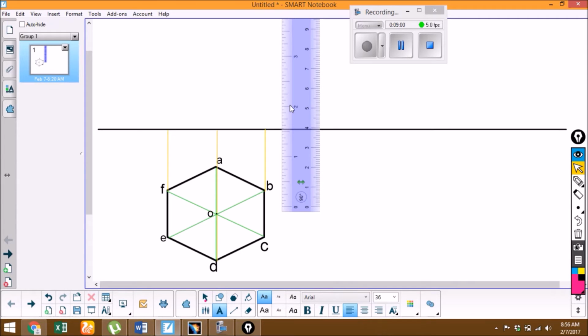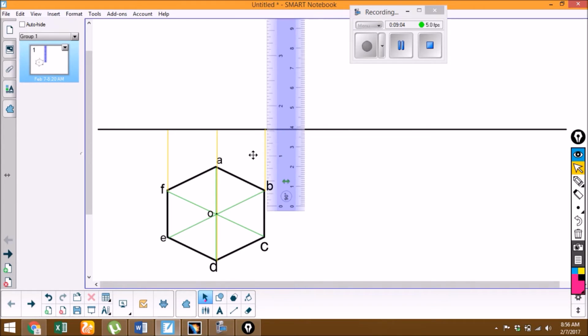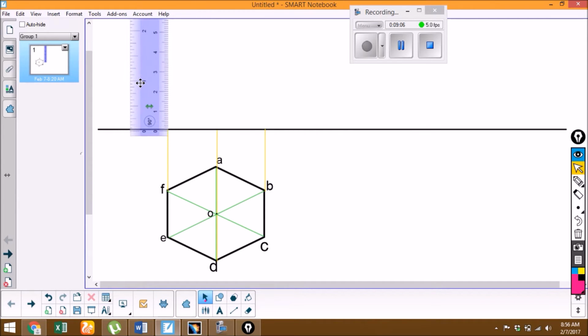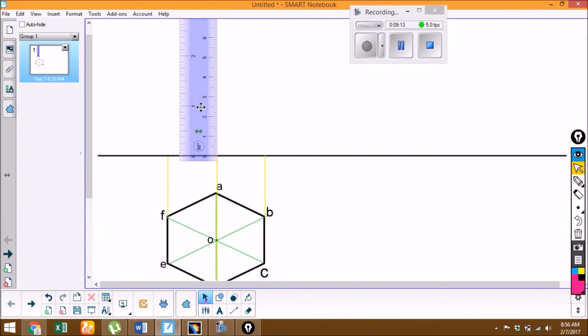Now we need to draw the projector lines, and from the apex, that is O, we draw a line of height 50 mm as mentioned in the problem.